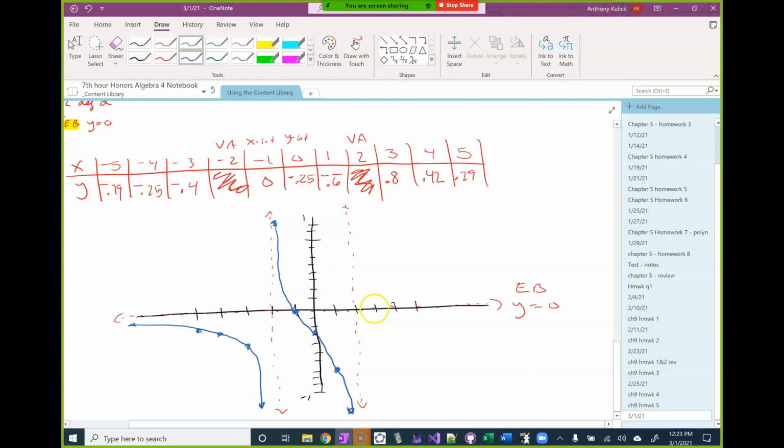And then we have 0.8, 0.42, and then 0.29. Everybody's cool with that?